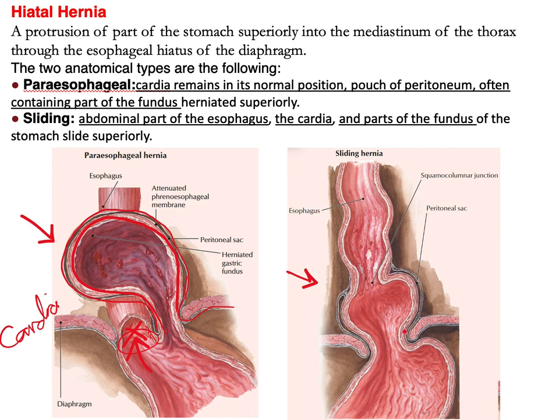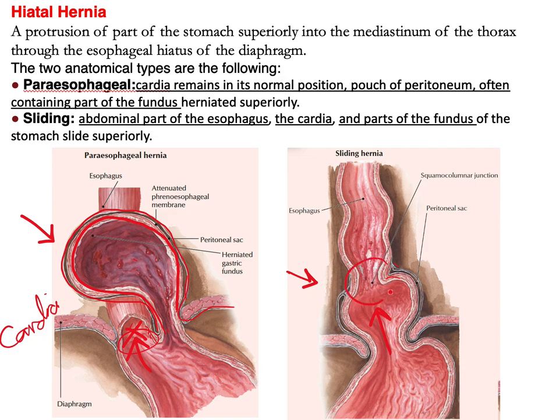But look at the sliding hiatal hernia, in which the abdominal part of the esophagus that is covered by peritoneum here has moved up, and the cardia as well.